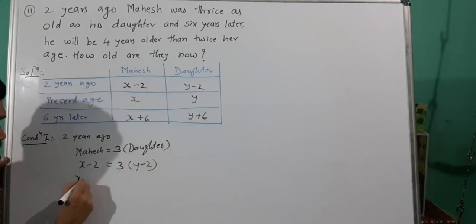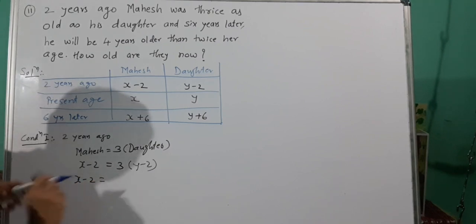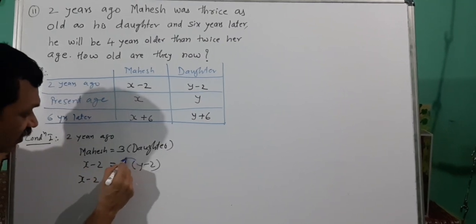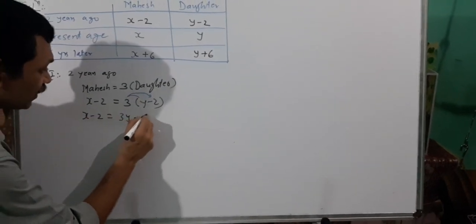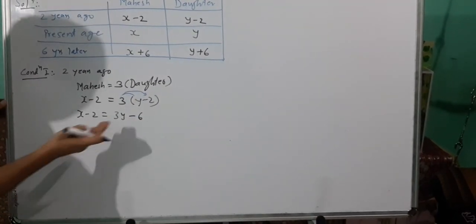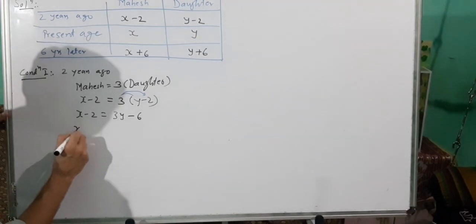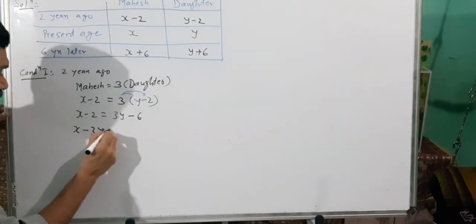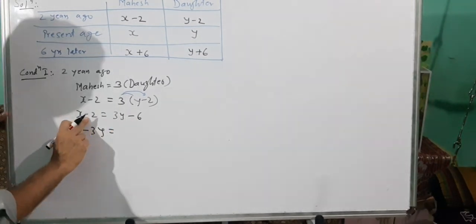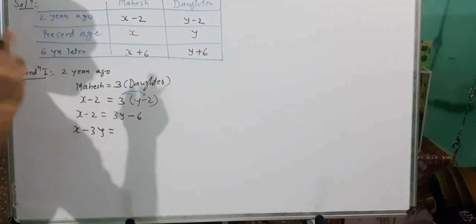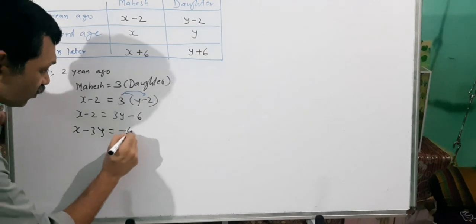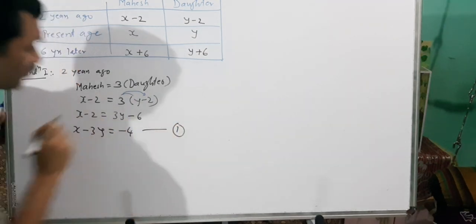Therefore x minus 2 is equal to 3y minus 6. Taking 3y to this side, x minus 3y is equal to minus 6, and this minus 2 goes to the other side as plus 2. Minus 6 plus 2 is minus 4.